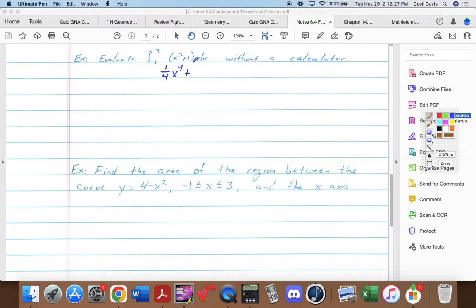Plus, what's an antiderivative of 1? x. And if you want to put plus 37 at the end of this, go for it. You could put plus any constant. It doesn't make any difference. It can be any antiderivative. They're going to subtract out. The way that we write this is we put those in square brackets and evaluate that from -1 to 3.